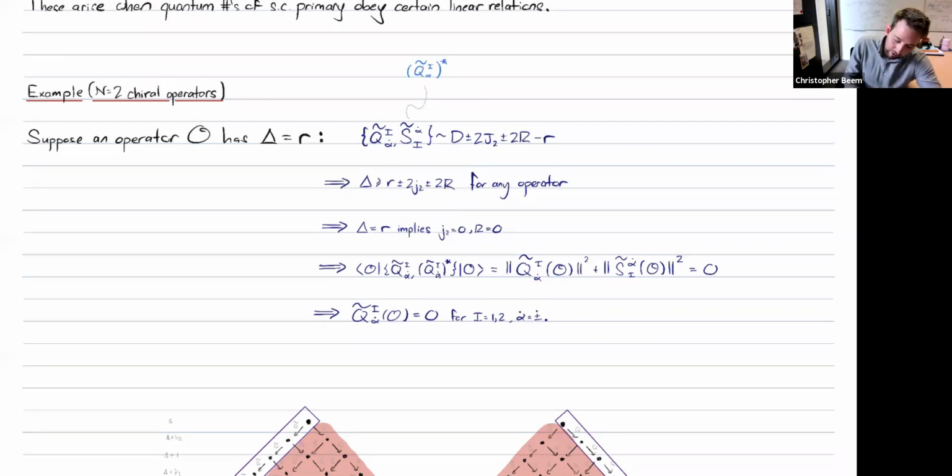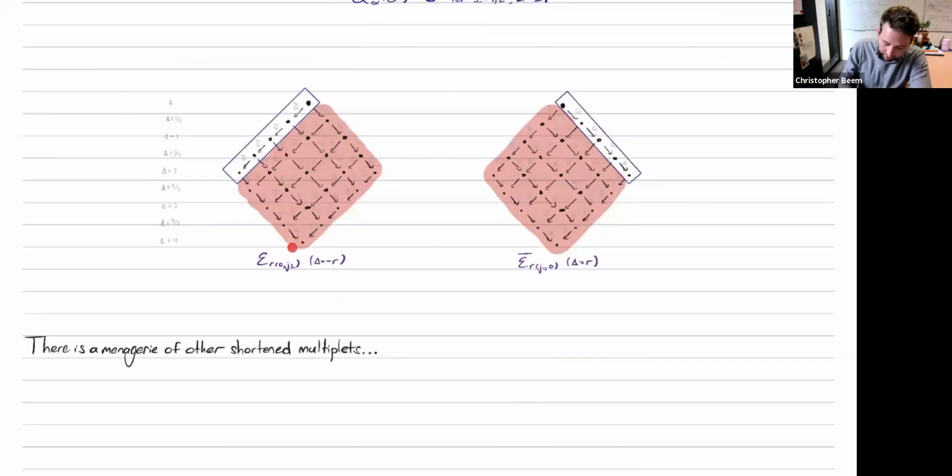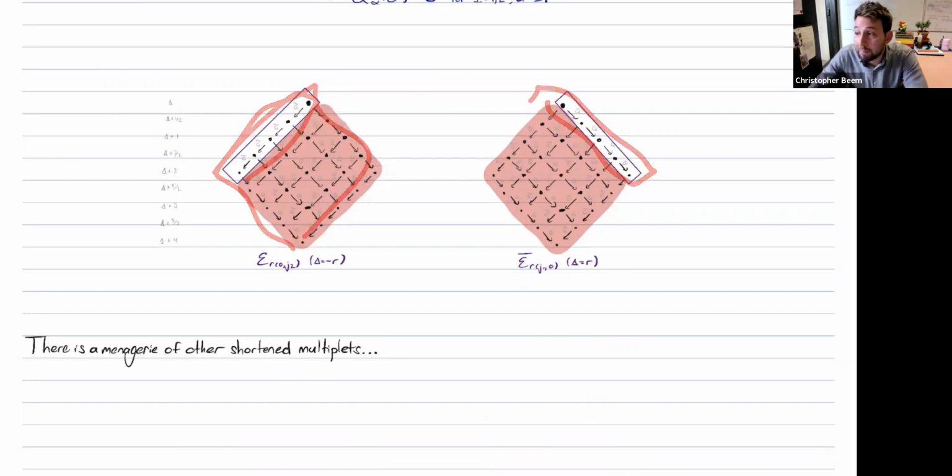So this condition on quantum numbers implies that you have actually 4 different supercharges that have to kill this operator. And if you go back to your diamond, you find out that whereas you usually had a big diamond, you actually only have a piece of the diamond there, and the others are all 0. And so these are special operators which have a supersymmetric flavor to them.